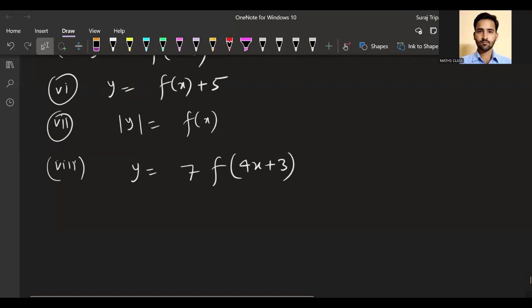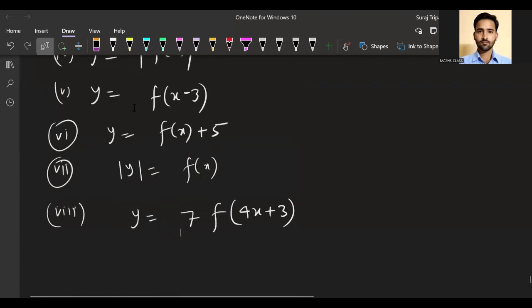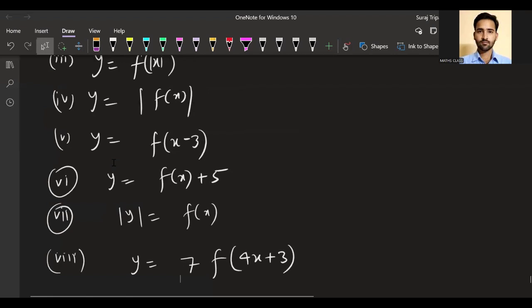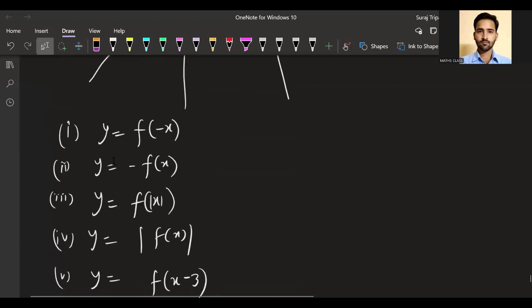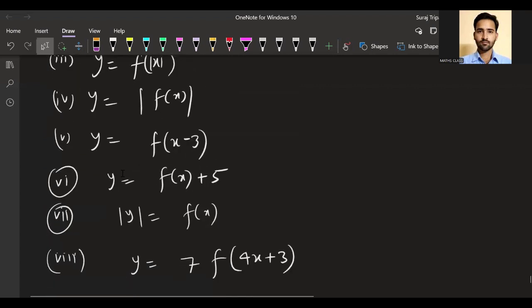Draw these graphs. Okay. These are the 8 types of manipulations. Right? Note everything down.